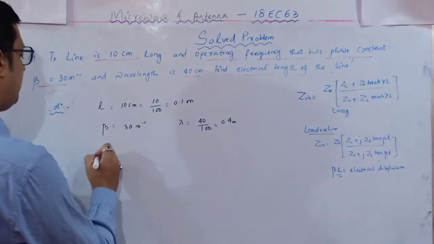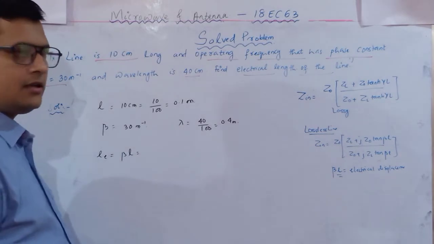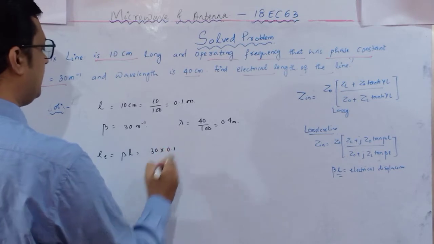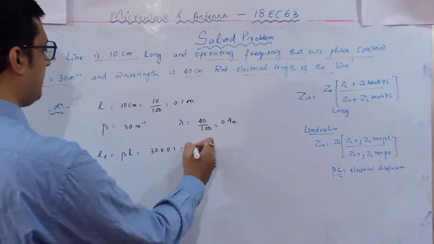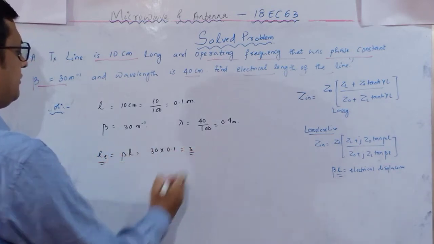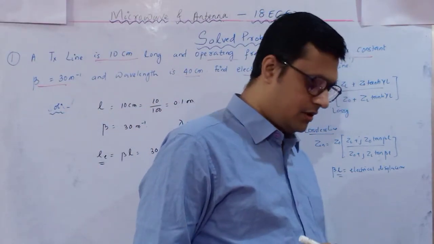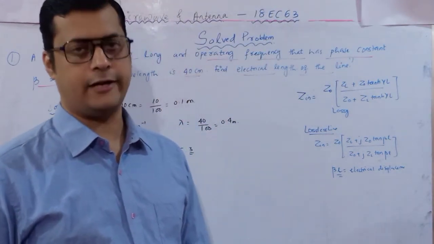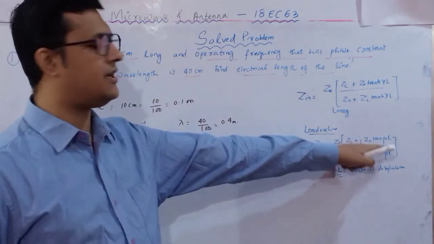Now our electrical displacement is what? LE is equal to beta into L. Now what is beta? Beta is 30. What is L? It is 0.1. So beta L is equal to 3. Now this beta is represented in terms of radian, so this electrical displacement is nothing but an angle.